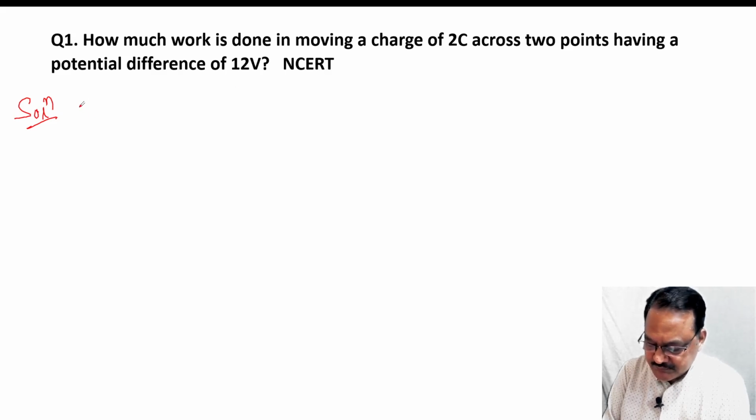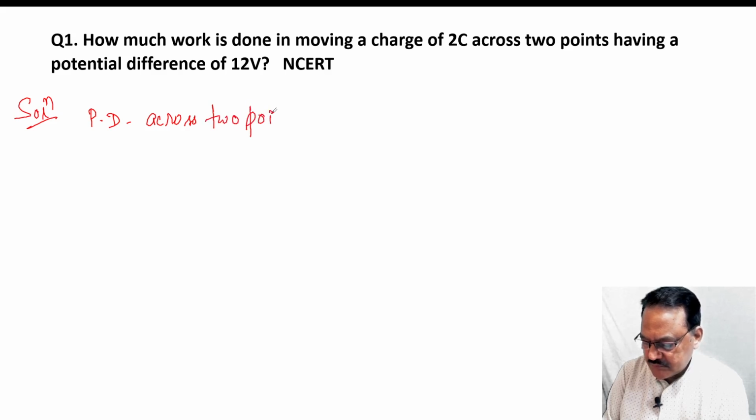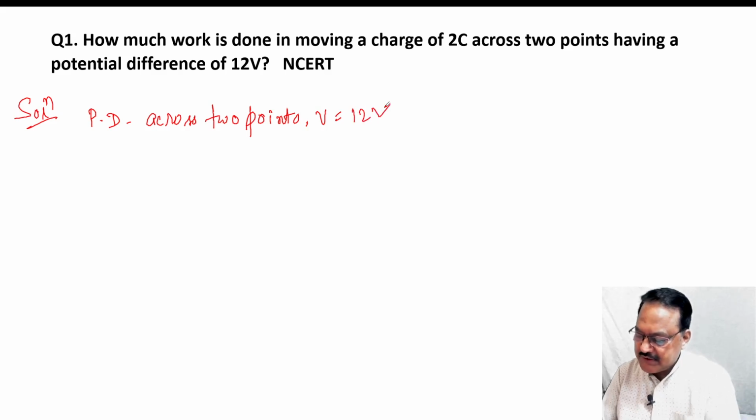We can write here in short, potential difference means PD across 2 points, V equal to 12 volt. Okay, already given.